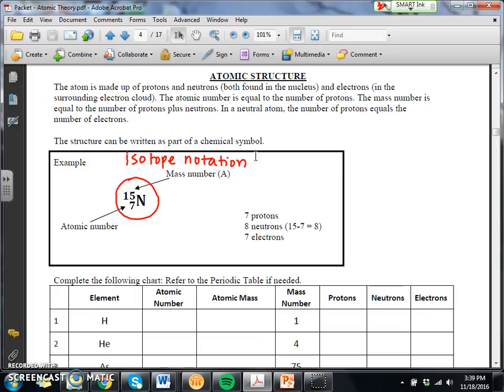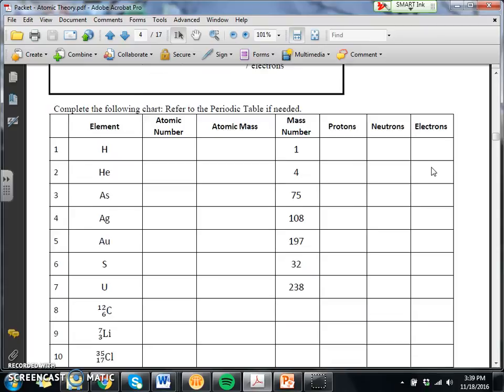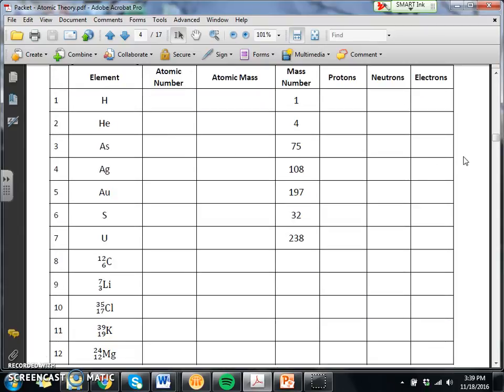Now we want to do this for all of the ones in the bottom. So if we look at our problems, let's start with number 1. Hydrogen, if we look on the periodic table, has an atomic number of 1. It has an atomic mass of 1.01. And you'll notice that the mass number is the atomic mass rounded to a whole number. To figure out our protons, we look at our atomic number.